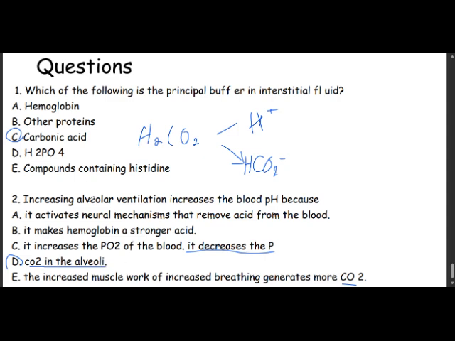Because increasing alveolar ventilation means you are increasing the breathing rate. That is usually in favor of oxygen. So if you increase the amount of oxygen that you're taking in and increase the amount of carbon dioxide that you're taking out, the partial pressure of oxygen is going to increase because you're taking in a lot more oxygen. But since you're breathing out a lot of carbon dioxide, that is going to reduce the partial pressure of CO2 in the alveoli as well.